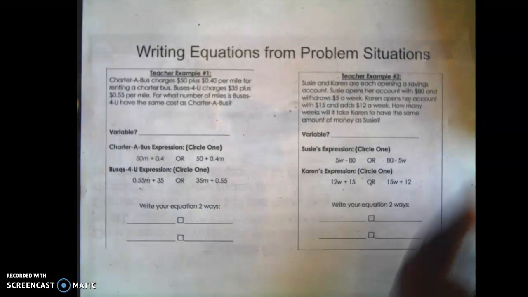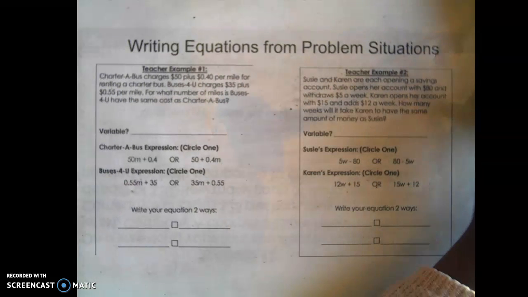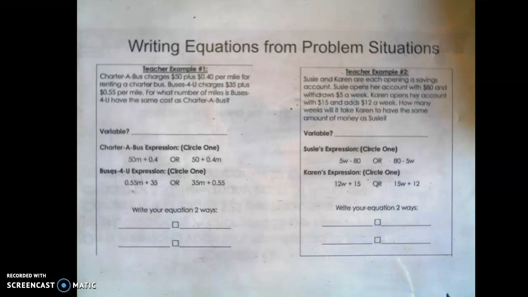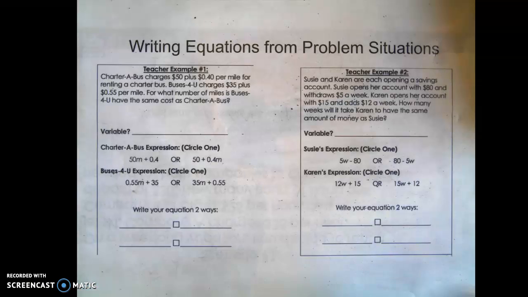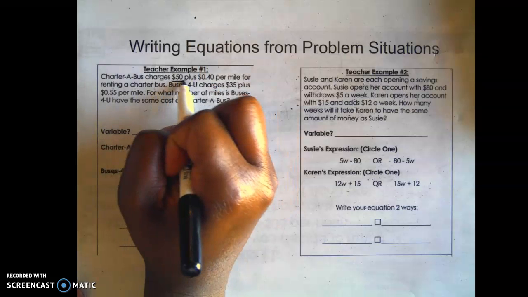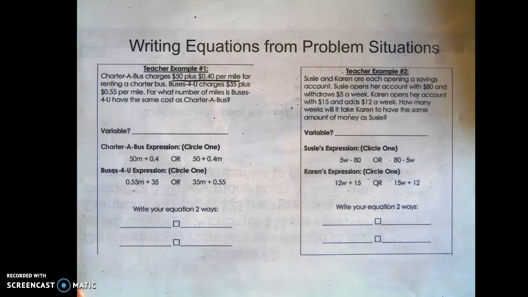So let's take a look at our first example. We're going to take a look at example A or example 1. It says charter A bus charges $50 plus 40 cents per mile for renting a charter bus.